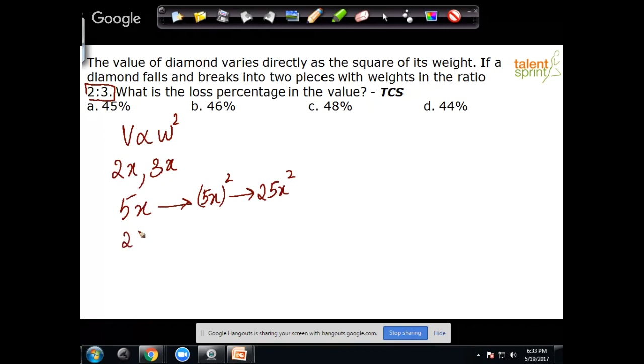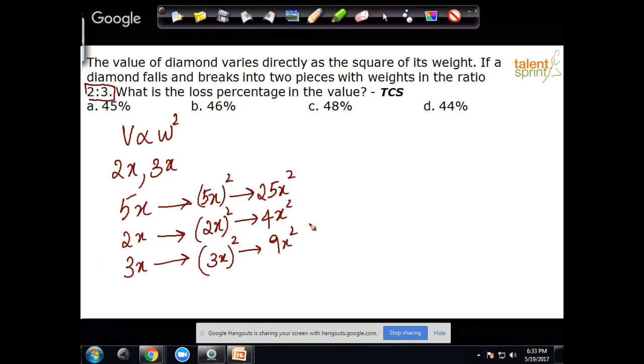The first piece, weight is 2x. So what will be the value of this diamond? Its value will be 2x the whole squared, or I can say it is 4x squared. That is the value of the small piece. Now, what will be the value of the piece which has weight 3x? It will be nothing but 3x the whole square, or that is equal to 9x squared.